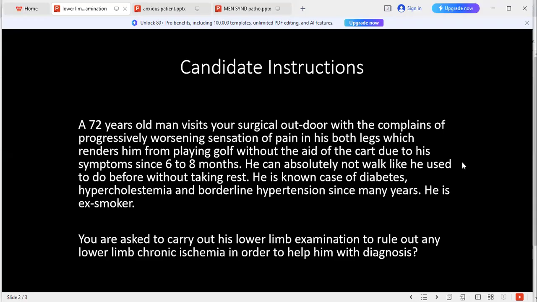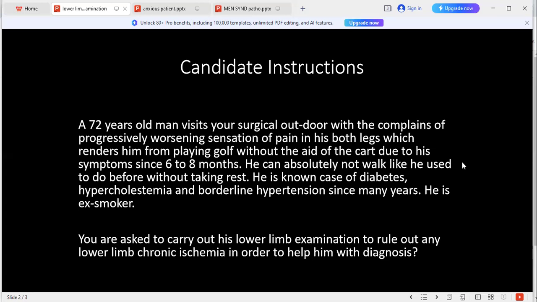If it is between 0.7 to 1, it is mild, and the patient would be having intermittent claudication in this range. If it is between 0.5 to 0.7, the patient might be having rest pain. And if it is less than 0.5, it is considered a critical ischemic limb.